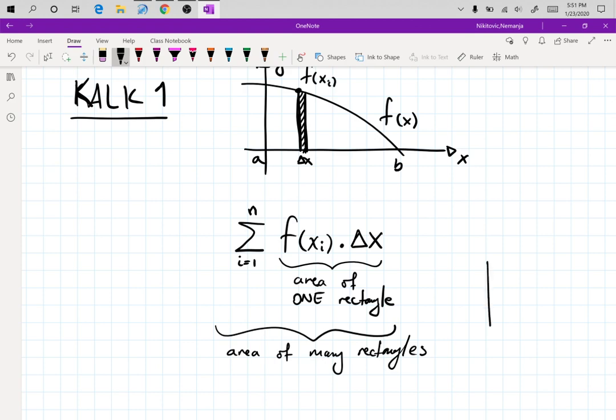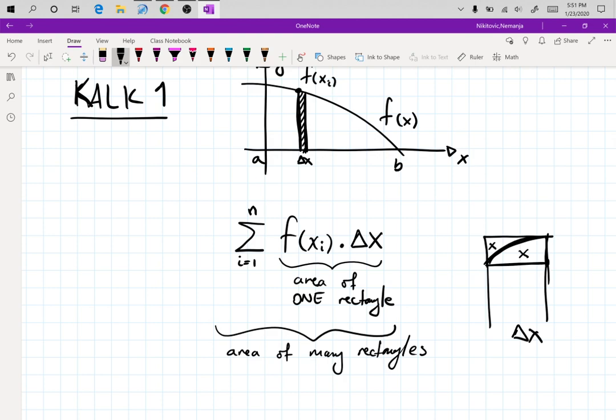Say that your representative rectangle is this fat, and you have this curve on top. If I make a left rectangle like this, then the error is right here. If I make a right rectangle, then the error is right there. So no matter whether I use left or right rectangles, I always have error either below or above the curve, because there is a width to the rectangle.